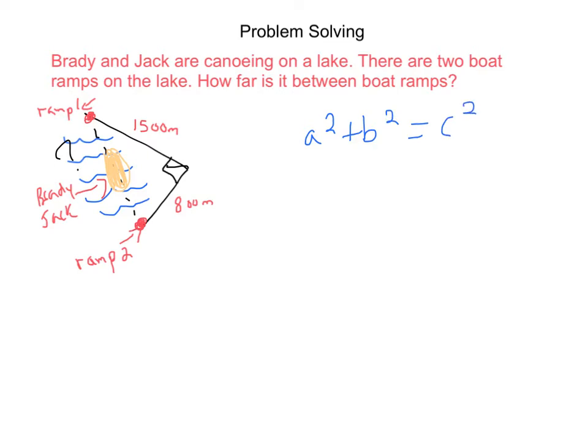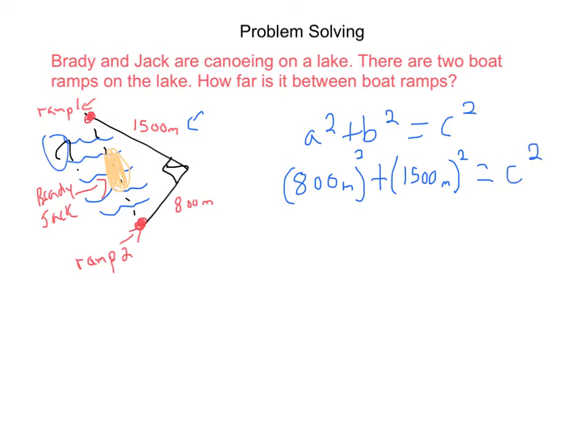We fill in what we know. A is 800 meters, squared, plus B is 1,500 meters, squared, and we don't know C, so equals C squared.